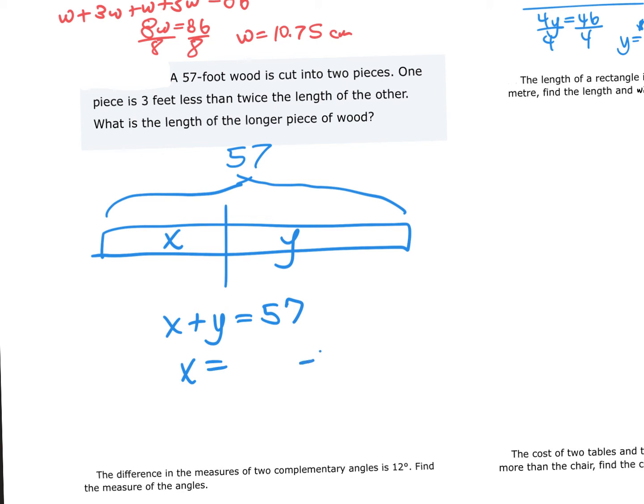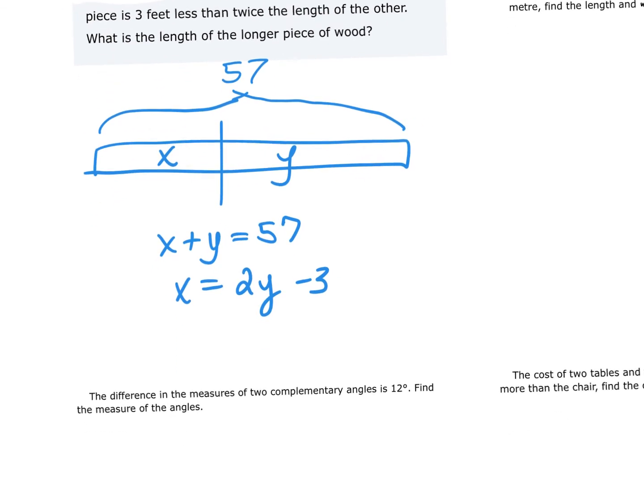Minus 3. Twice the length of the other. How would you say 2 times the other one? 2 what? Perfect. You have 2 pieces. They told you that one piece is. So X is 2 times 2y, and then you have the minus 3.